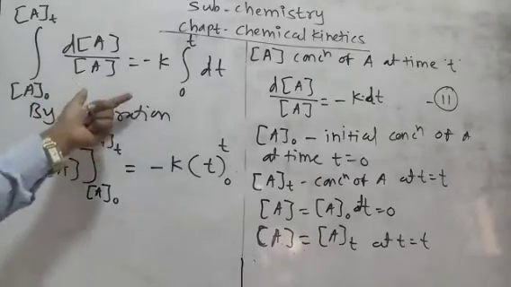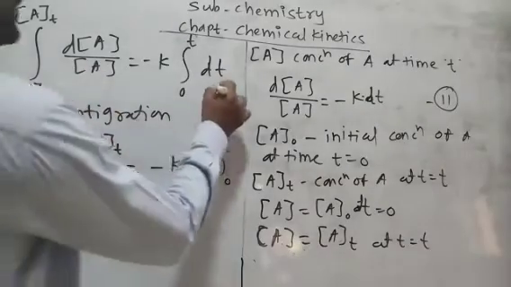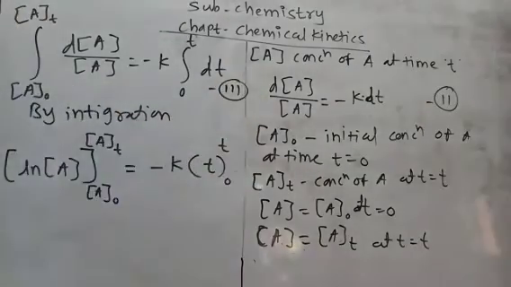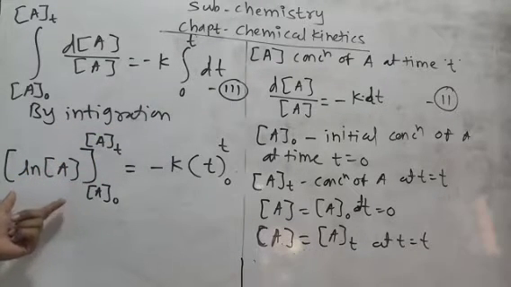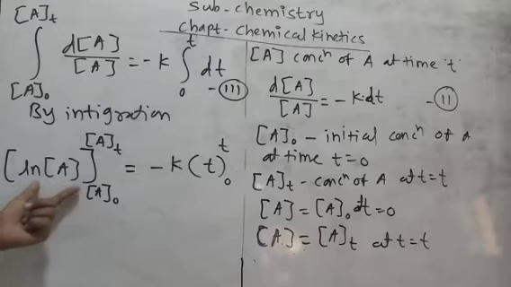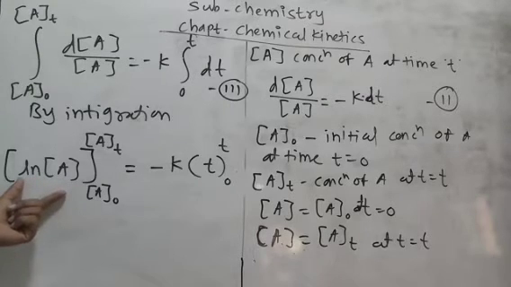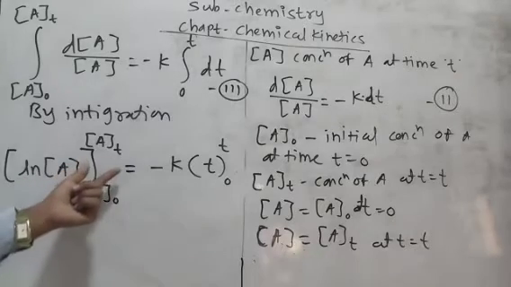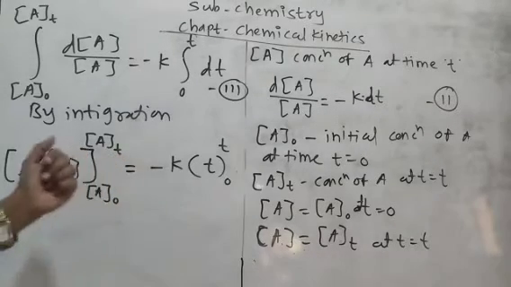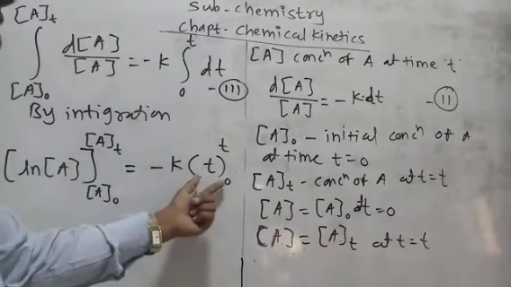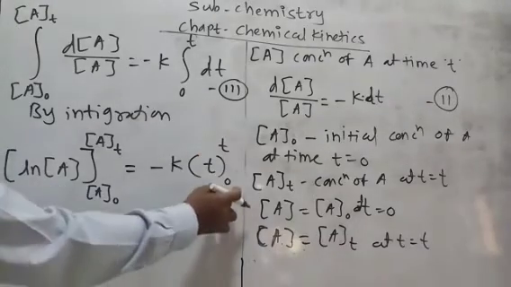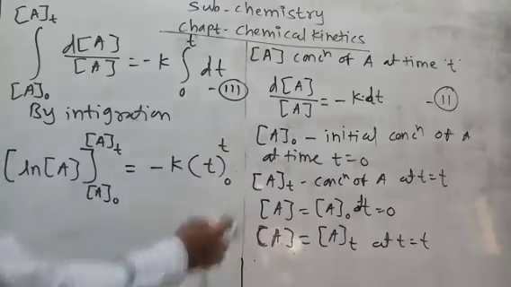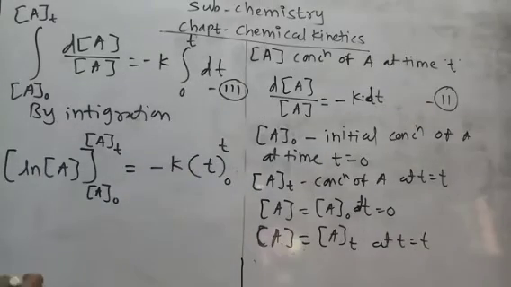On integration of that equation number third, the new equation we got is ln, the natural logarithm. We got ln A between the limits A0 to At is equal to k into t between the limits 0 to t. 0 is the initial time, t is the time t.